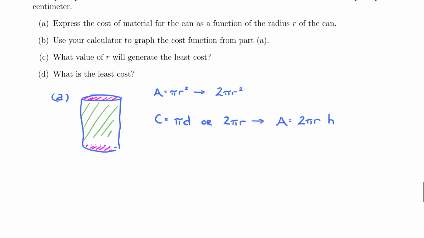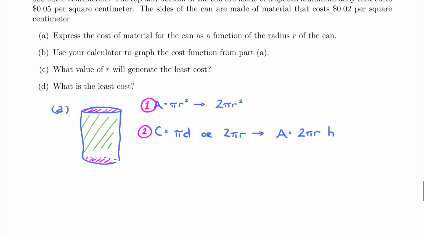The first thing we know is we're going to call this equation 1 and equation 2. Equation 1 gives us the area of the top and the bottom of the can. And we know that the cost of that material is 5 cents per square centimeter. So we're going to have 2 pi r squared times 0.05.